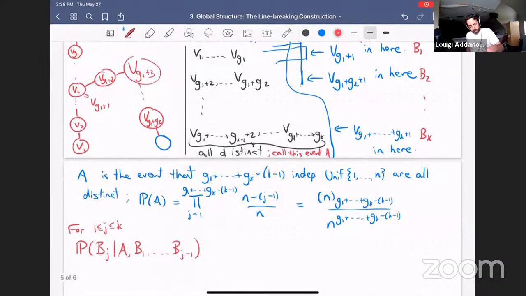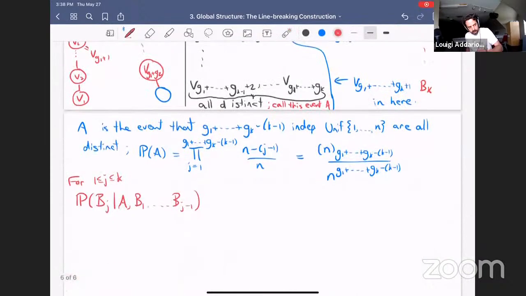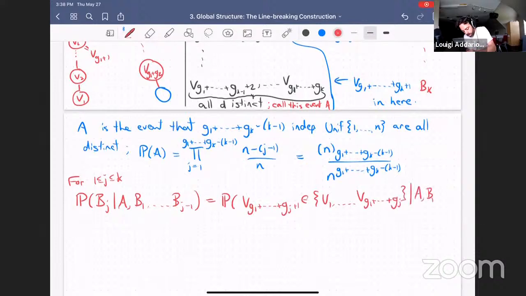That's asking for one of these values to fall in the appropriate set on the left, given that we've already seen the other relevant repetitions. In other words, that's the probability that V of g1 plus ... plus gj plus 1 is an element of the set V1 up to V of g1 plus g2 plus so on up to gj, given that A and B1 up to Bj minus 1 occur.